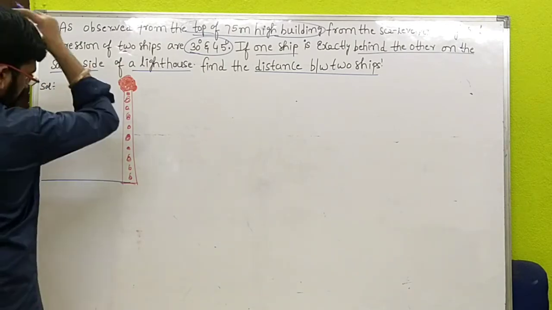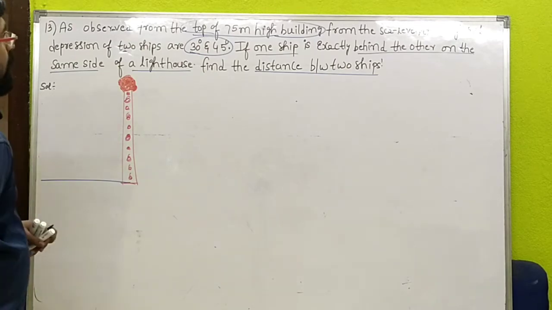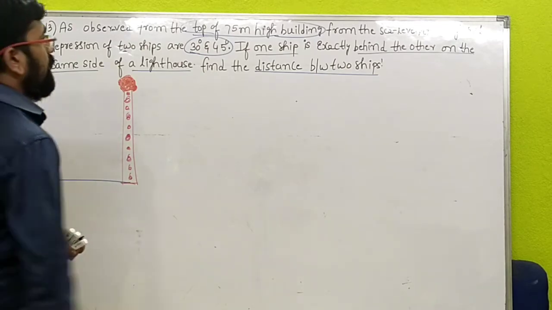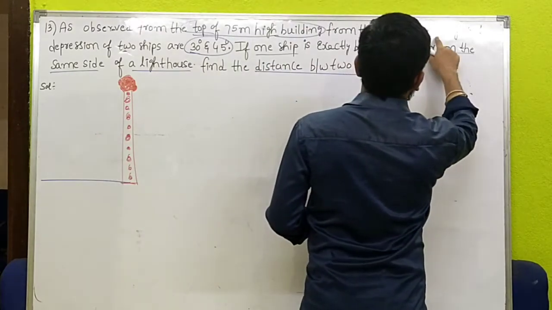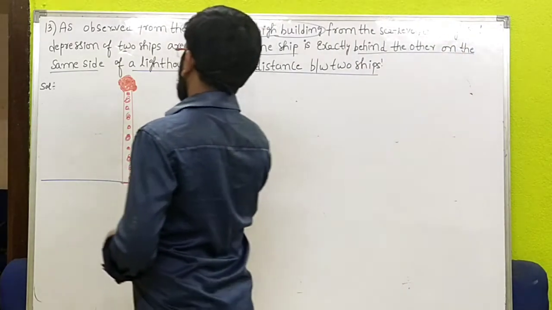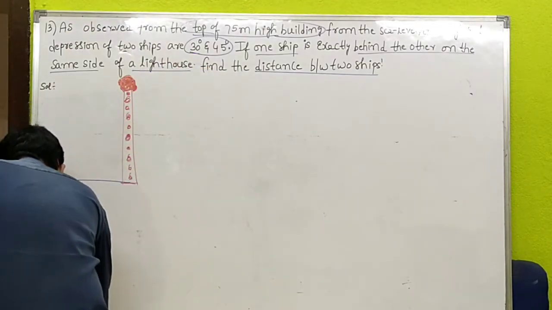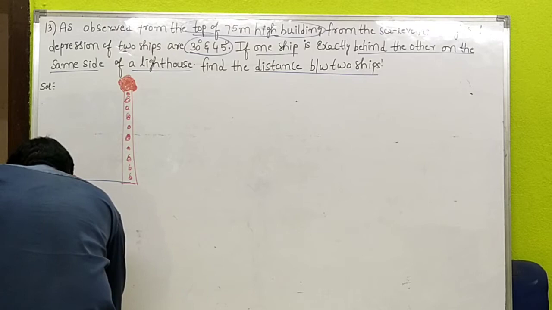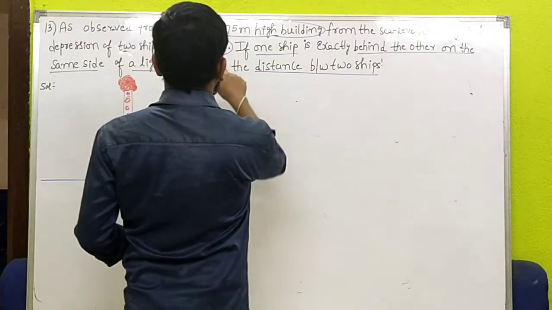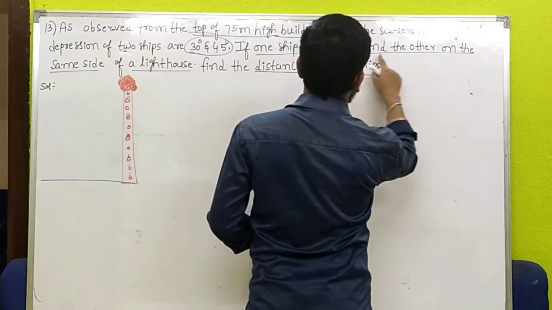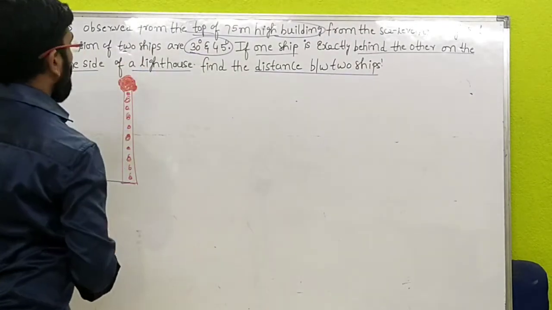As observed from the top of the 75 meters high building from the sea level, the angles of depression of the two ships are 30 and 45. One of the ships is exactly behind the other, on the same side of the lighthouse.